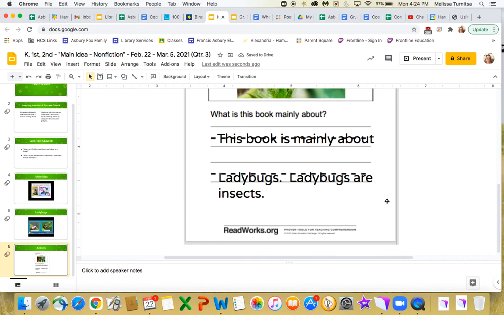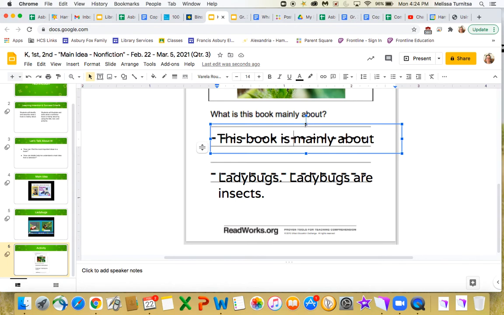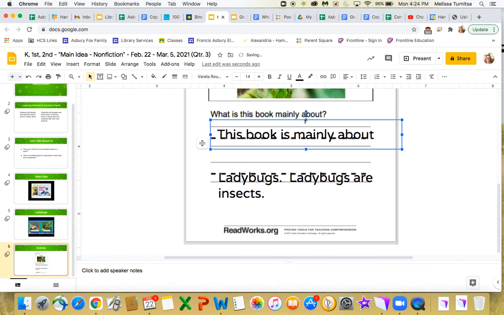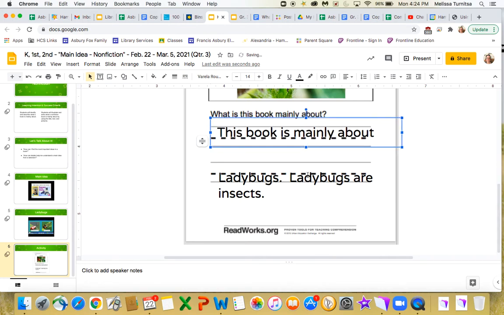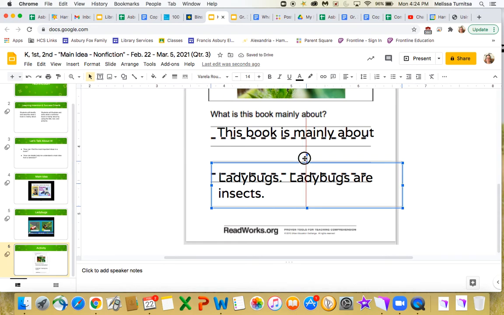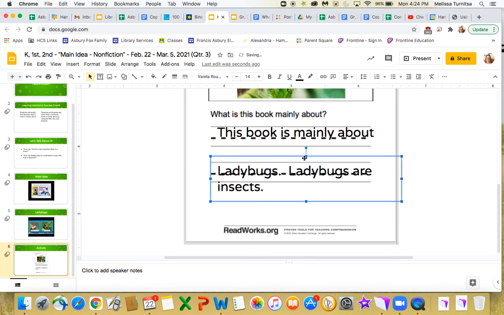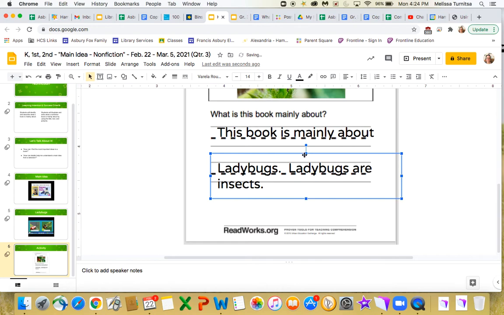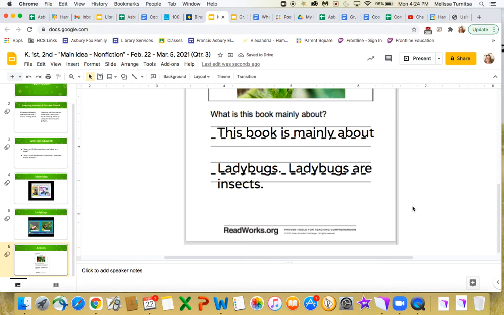Okay, guys. All right, good job. Let me go ahead and see if I can make this. I just want you guys to be able to see this when you go to write it. Okay, let me go ahead and make this one a little bit easier for you to see too. Okay, there we go. And you can pick another fact from the book too.